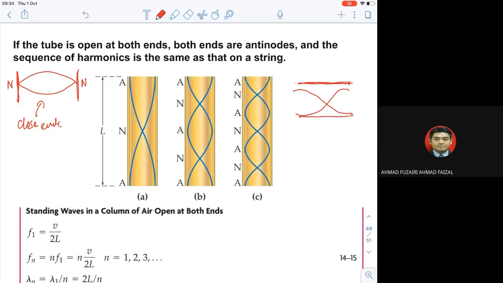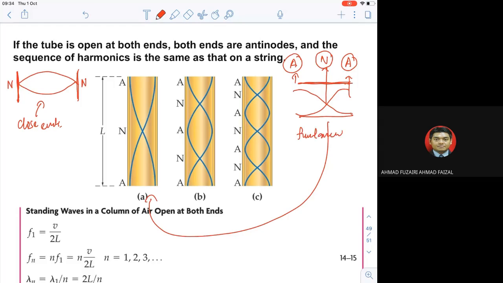So this one should be A, this one should be N, and this one should be A. So you will only see one node point and two antinode points. So this is actually what? This is the fundamental, also called the first harmonic.